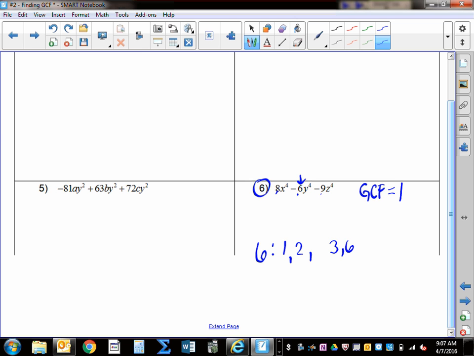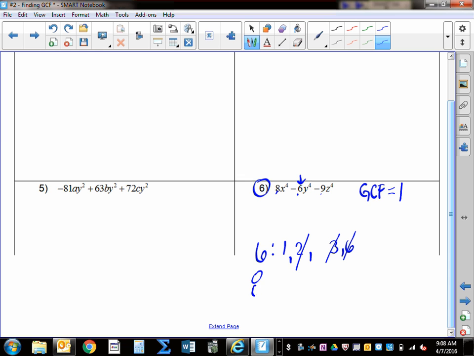Does 6 go into 9? No. Does 3 go into 9? Yes. Does 3 go into 8? No. Does 2 go into 9? No. We're only left with 1. So 1 is the only thing that they all have in common.